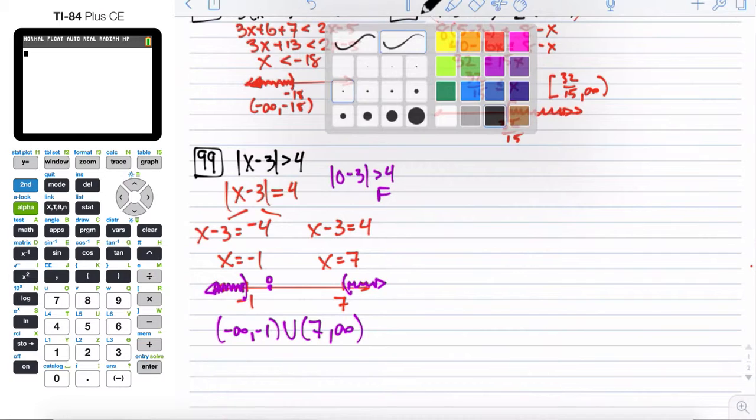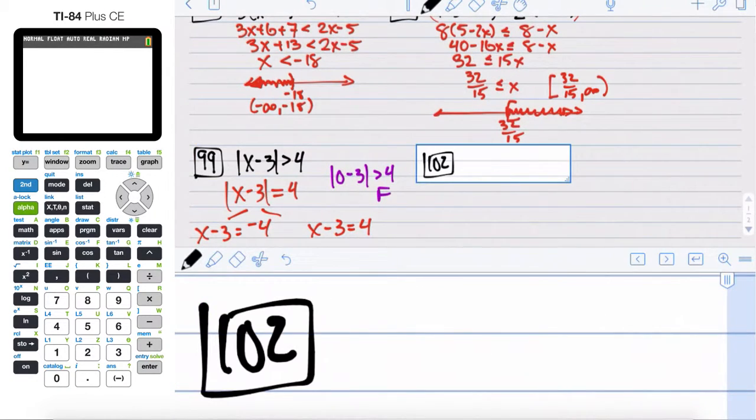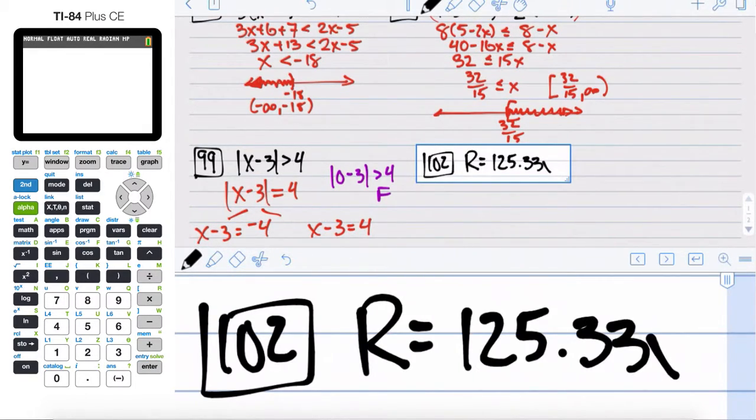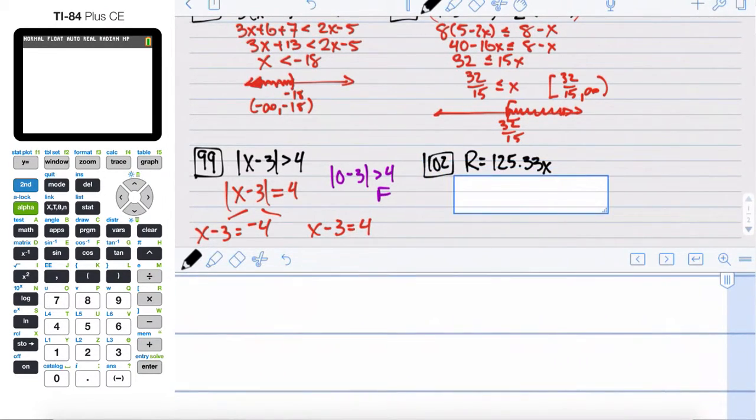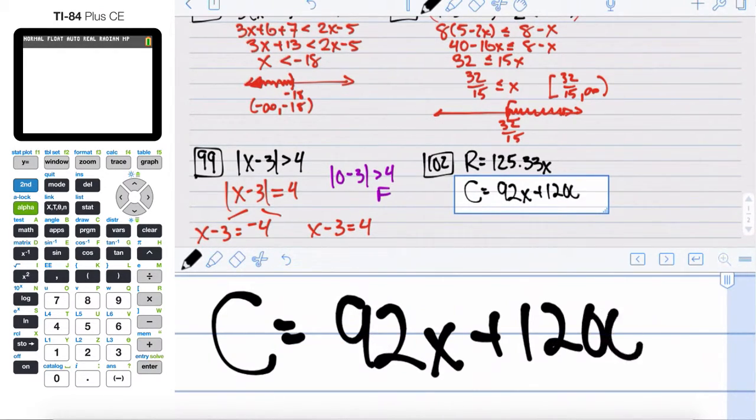It's 99. Let's look at 102. Okay, 102 says the revenue for selling X units of a product is R equal to 125.33X. The cost of producing X units is C equal to 92X plus 1200.